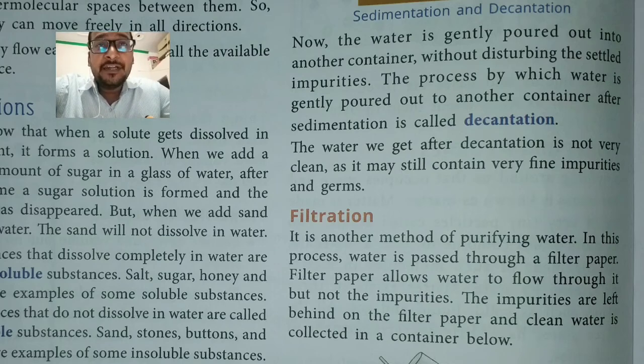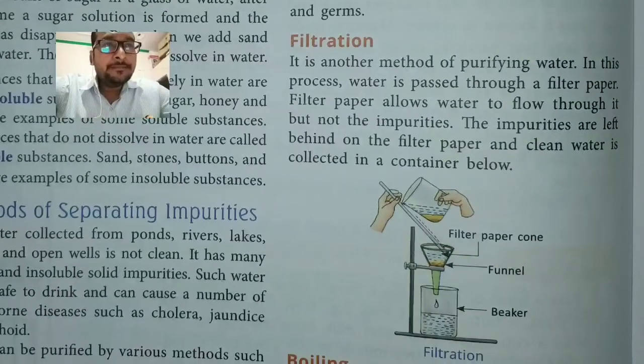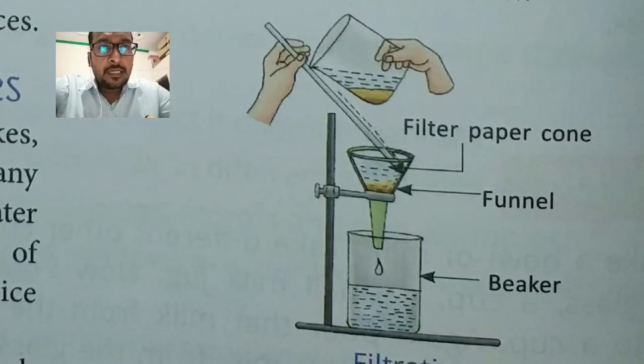Okay, so what is the method? The other method is filtration. It is the process of purifying water. In this process, water is passed through a filter paper, as you can see in the picture. The filter paper is fixed in a funnel and the water is being poured.